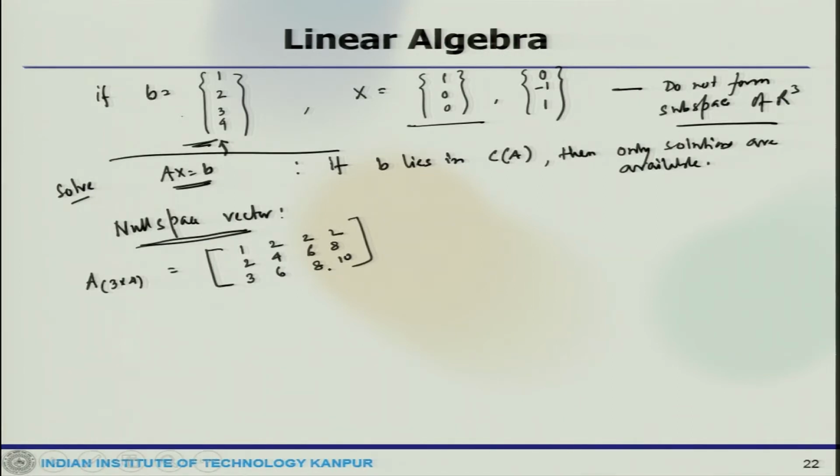What we can look at here is that in this example the column space of A belongs to R3.